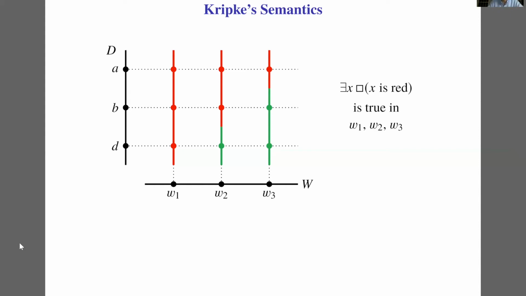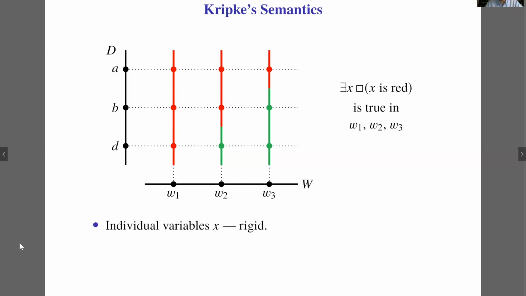Actually, this turns out true in every world, because in this world, look at A. A in here is not just red, but red everywhere. Therefore, A is necessarily red. And therefore, there is something that is necessarily red in W1, W2, W3, for the same reason.